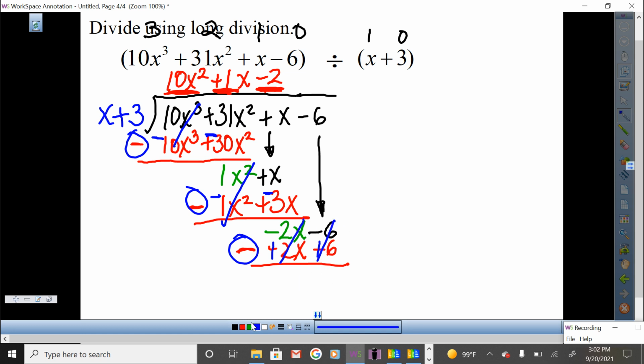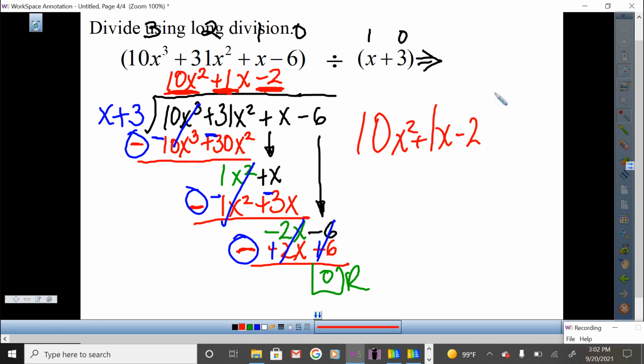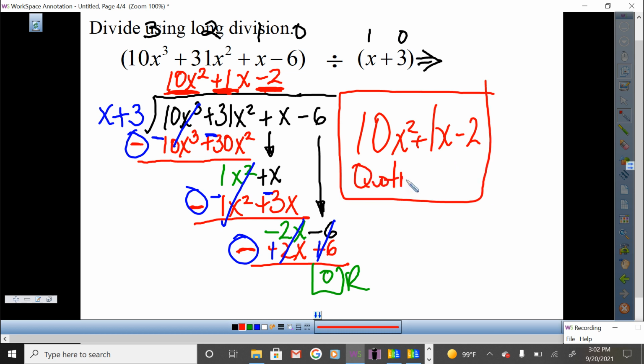This cancels, and this is 0 remainder. So, what's our quotient? Our quotient, Mr. Q, is this. 10x squared plus 1x minus 2. Our quotient.